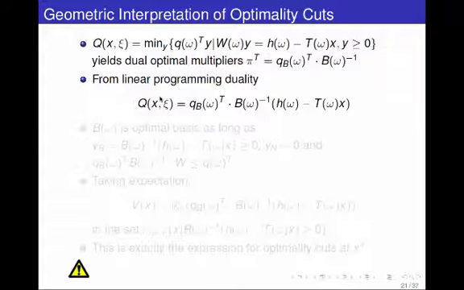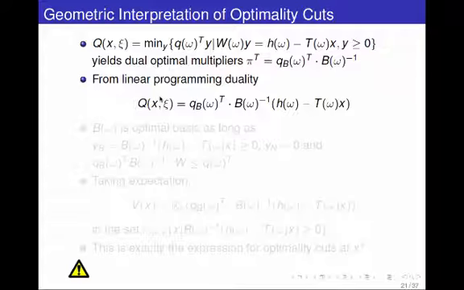Which, when I isolate the xn, is CB transpose B inverse b, oops, sorry, this is a constant term, plus (Cn transpose minus CB transpose B inverse N) xn. This, we want to make sure, is for this basis greater than or equal to 0. If that's the case, then the basis is optimal.